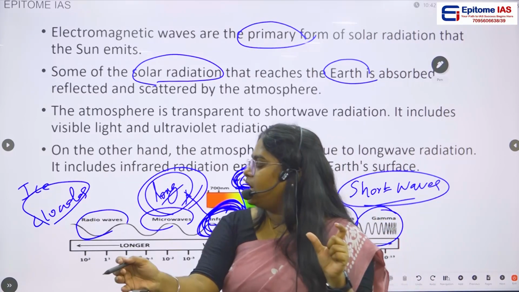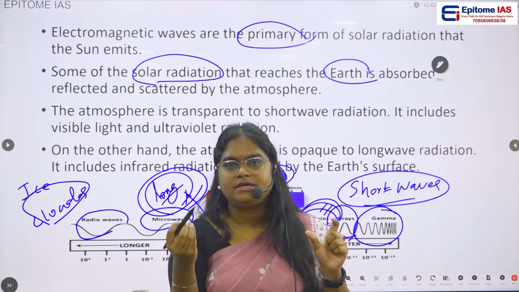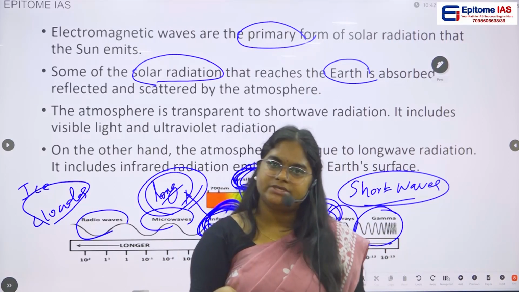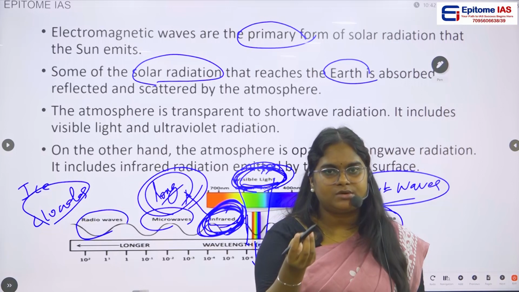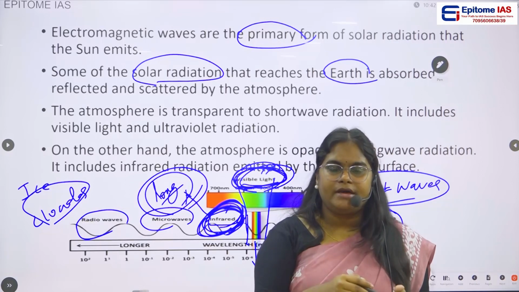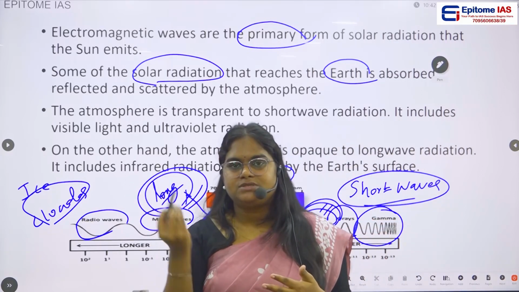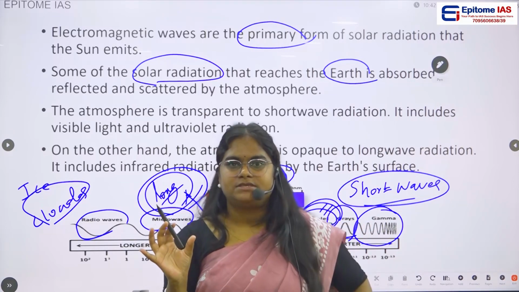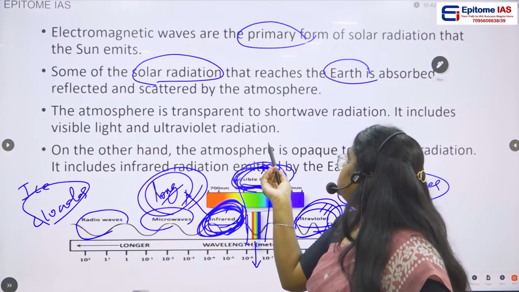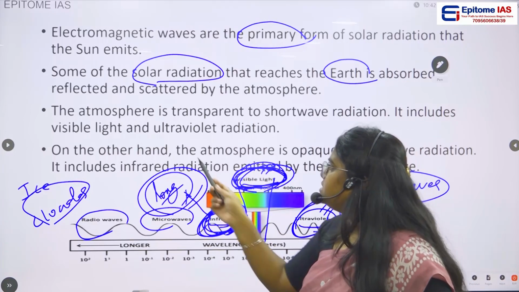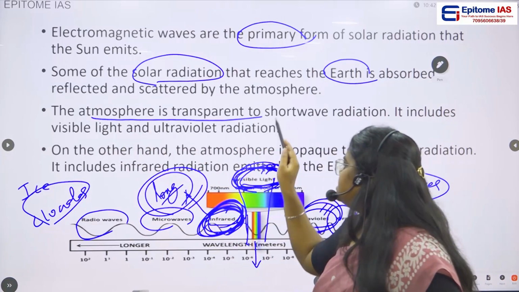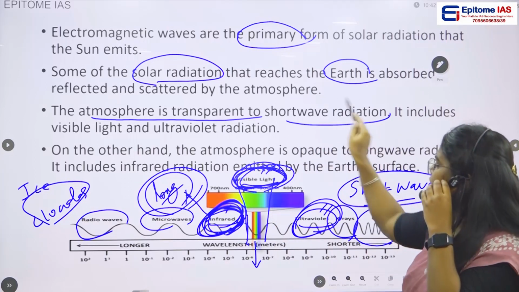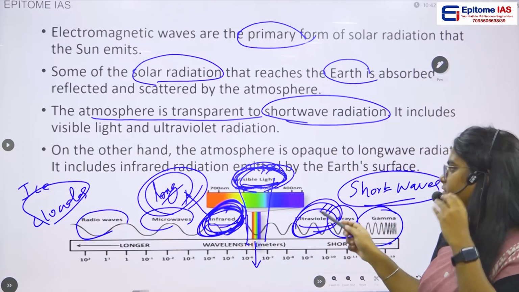Okay, and some of the insolation is scattered in all directions by the dust particles or the aerosols, and some of the incoming solar radiation is absorbed by some of the gases. This thing we saw yesterday. So what happens is the atmosphere is transparent to the short wave radiation. So what are these short wave radiation?